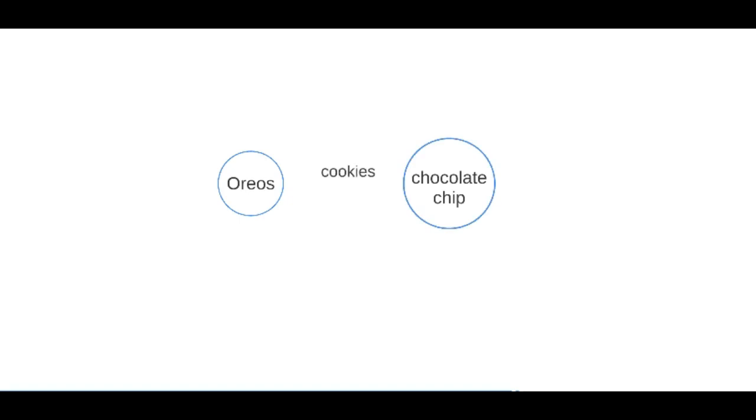What's the same about these? Well, they're both cookies, so you write the word cookie, you draw your bubble, and then you connect it. And it goes to both of them because it's something they have in common. They're also both yummy. That's, of course, my opinion. You write the word, you draw the bubble, and you connect it.